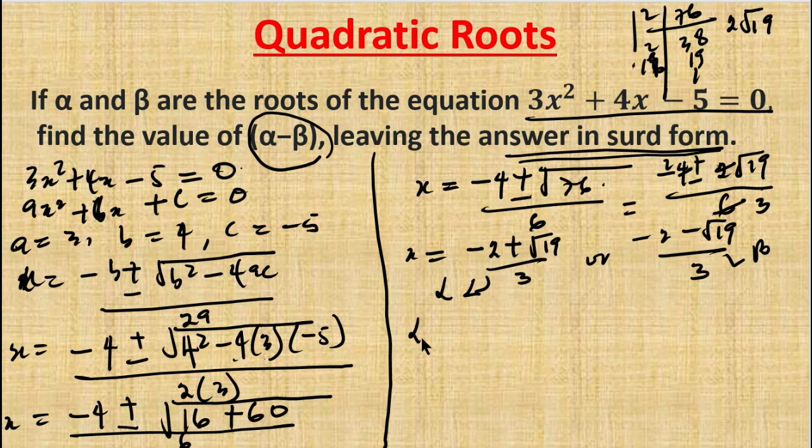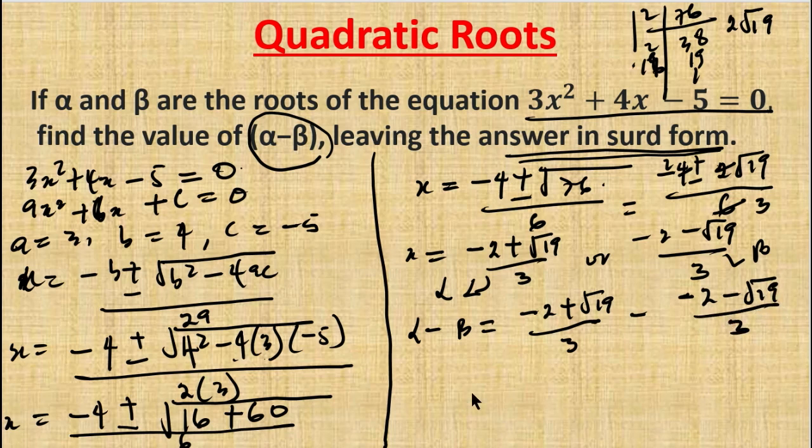So alpha minus beta will be the same thing as minus 2 plus root 19 over 3 minus minus 2 minus root 19 over 3. Now we can pick an LCM. My LCM obviously will be 3. This will be minus 2 plus root 19 minus, I can open a bracket here, minus 2 minus root 19.